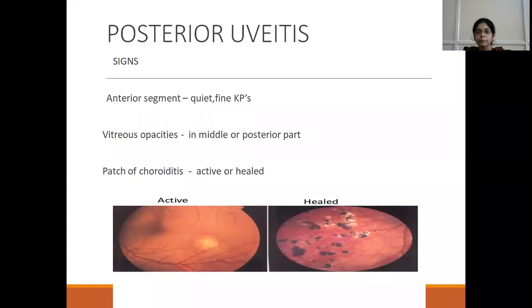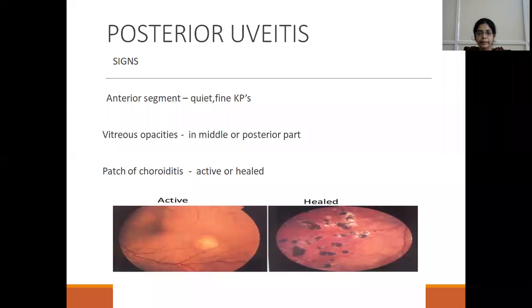Now, the most important thing to learn in choroiditis would be identifying a patch of choroiditis. That would be a distinguishing feature to say it is a case of choroiditis. Now, this choroiditis patch could be either active or healed.